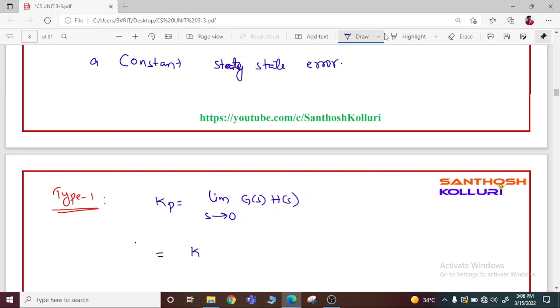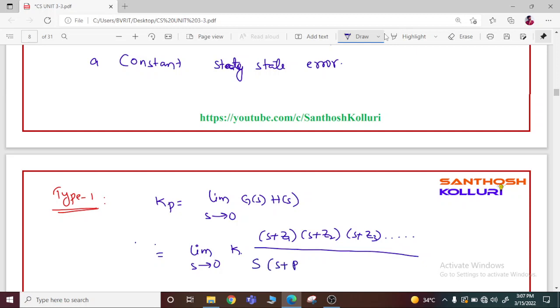For a type 1 system it is limit s tends to 0 of K into (s plus z1), (s plus z2), (s plus z3) and so on, divided by s, because it is type 1 so we take s to the power of 1, then (s plus p1), (s plus p2) and so on.